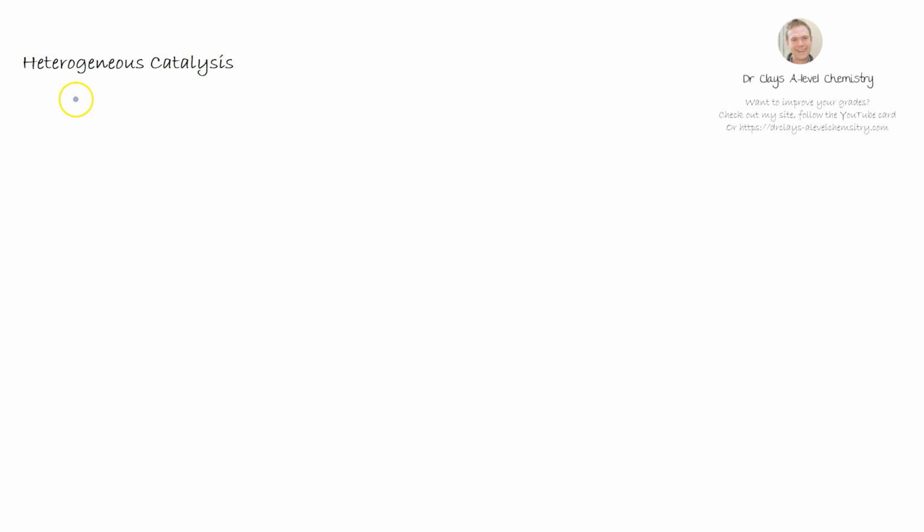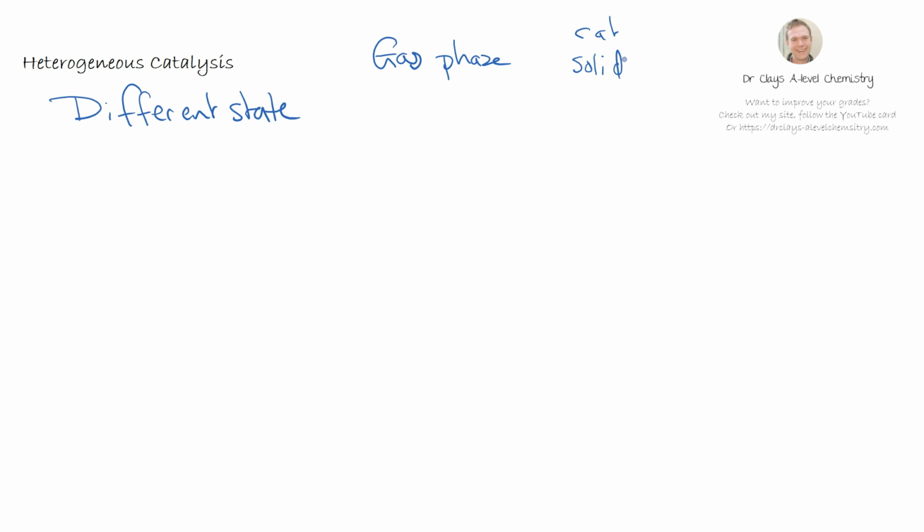And heterogeneous catalysis simply means different state. What we're looking at here is reactions which are in the gas phase and our catalyst, which is going to be a solid catalyst. So these two things are in a different state.